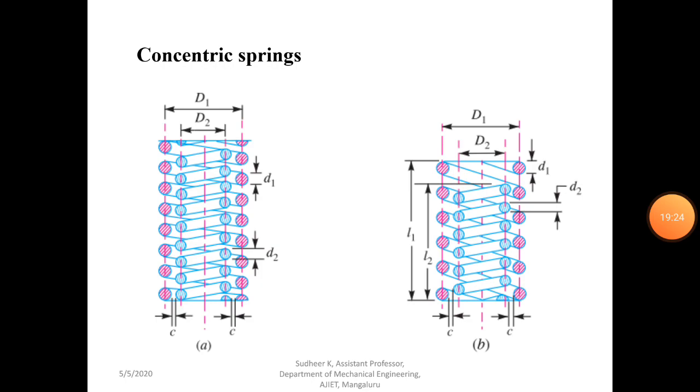Now coming to the next topic, that is concentric spring. You can see here the two figures A and B, which are two different forms of spring.